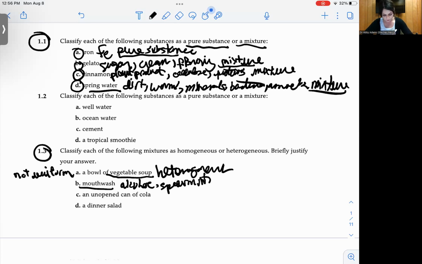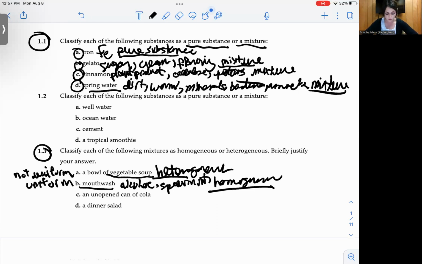This is definitely a homogeneous mixture here, okay? Why? Because can you see that alcohol? No, you can't see and differentiate all the flavors and the alcohol. It's just one consistent thing. Okay, so this is uniform, and that's homogeneous.